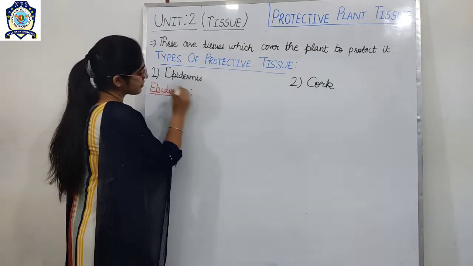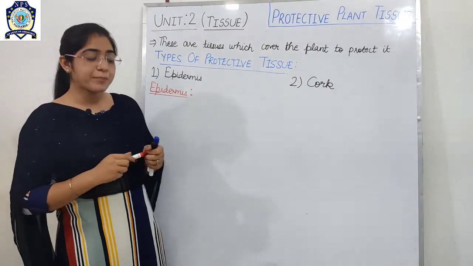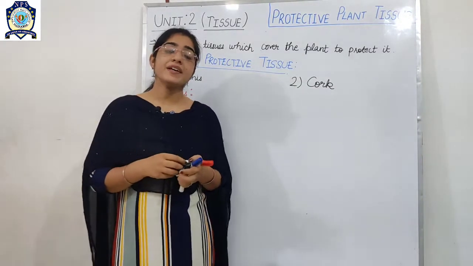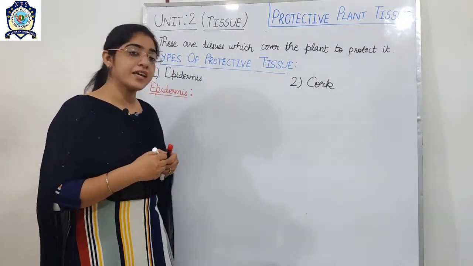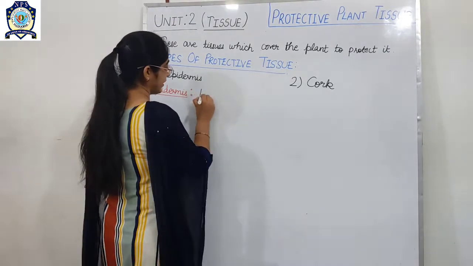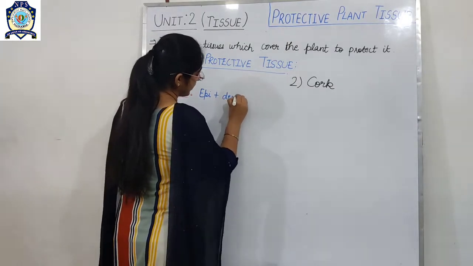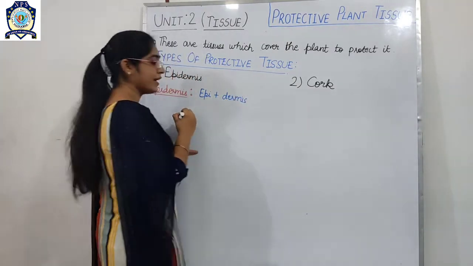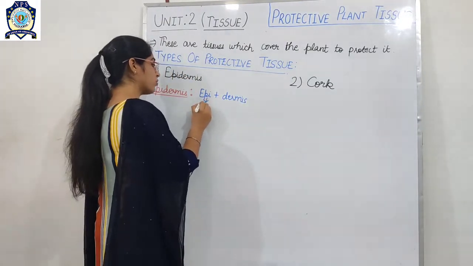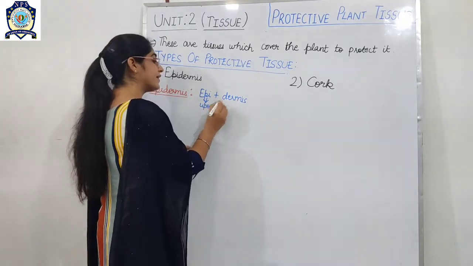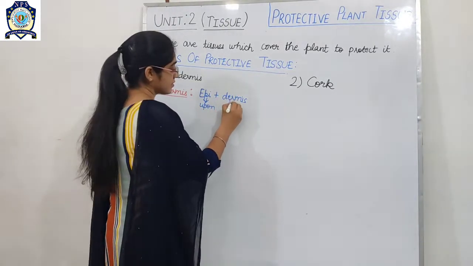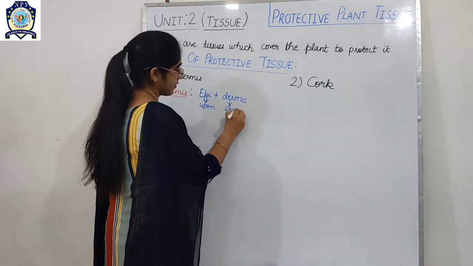So dear student, if we talk about the epidermis, it is made up of two words, epi plus dermis. Epi means upon, derma or dermis means skin.